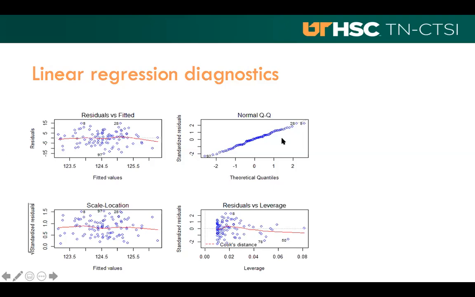And the second one on the right here is the normal quantile plot. On the x-axis, we have theoretical quantiles that are drawn from normal distributions. And on the y-axis, we have studentized residuals, which are residuals divided by the standard deviation of the residuals.